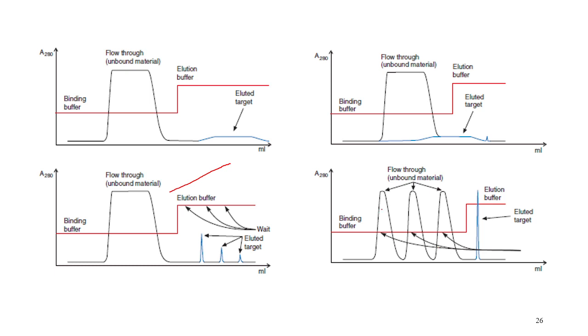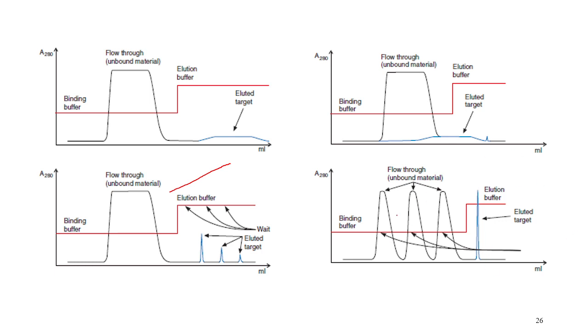And these three graphs are like, sometimes you cannot inject the entire protein at first. You have say 20 ml, but you cannot inject all 20 ml because the column does not have the capacity. So maybe you are injecting it like 7, 7 and 6. So like this you are getting three peaks of the unbound material, and then in the elution you get a sharp peak and you know that this is your protein.